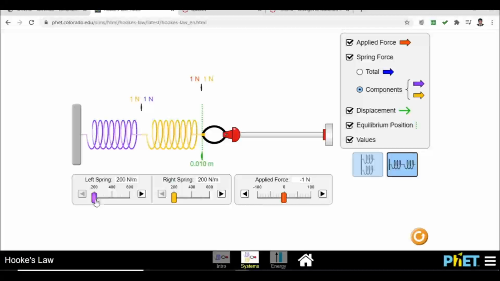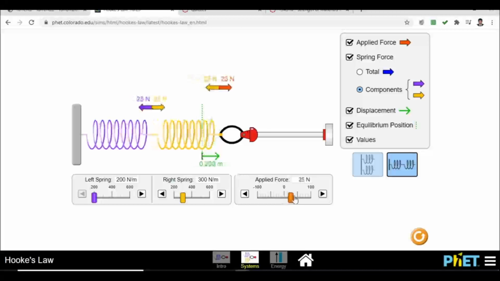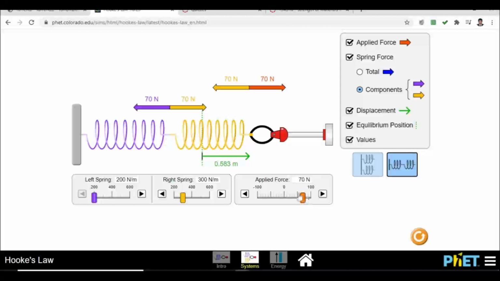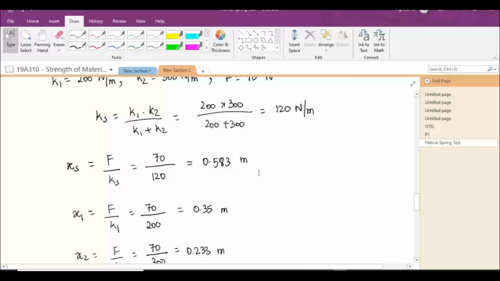The first spring is kept at a stiffness of 200 Newton per meter, the second spring at 300 Newton per meter, and a force of 70 Newton is applied to the system. I get a displacement of 0.583 meter, which is exactly what I got in the numerical result.